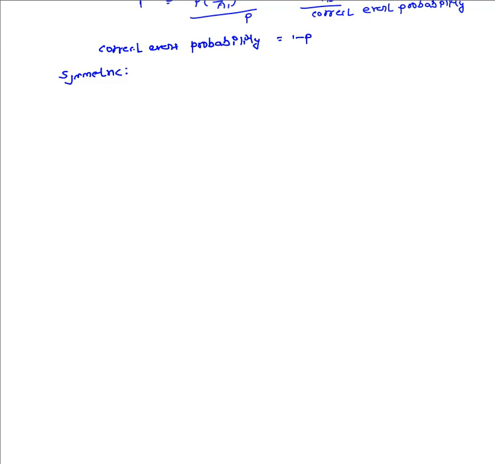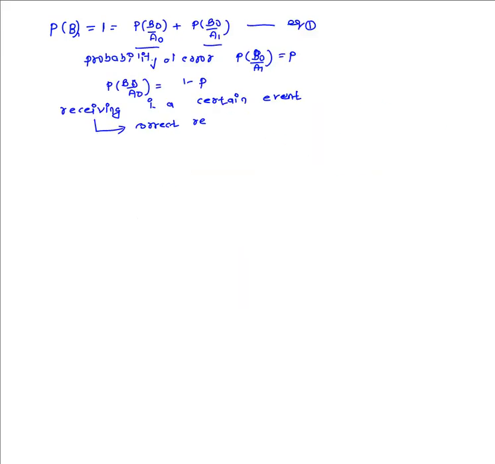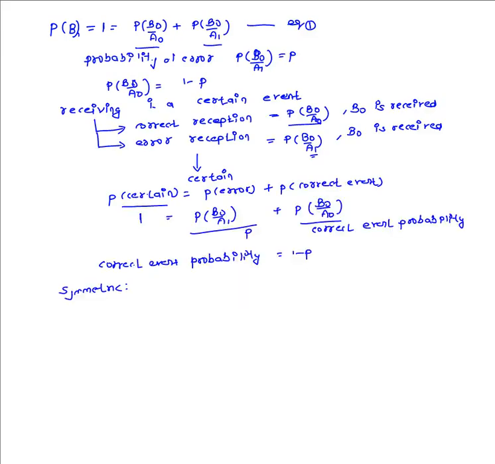Since it is a symmetric channel, we have already discussed the nature of symmetricity. The nature of symmetricity gives us that the probability of reception is symmetric in nature. That means the probability of error is symmetric and also the probability of correct reception is symmetric in both cases, correct reception of 0 and correct reception of 1. So this symmetricity indicates that the probability of correct reception is equal to 1 minus p in both cases, when 0 is transmitted and 0 is received, and also when 1 is transmitted and 1 is received.